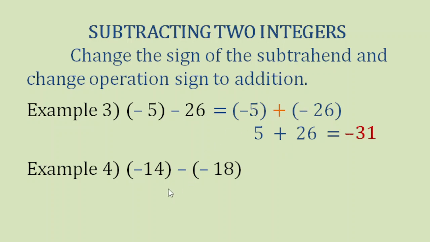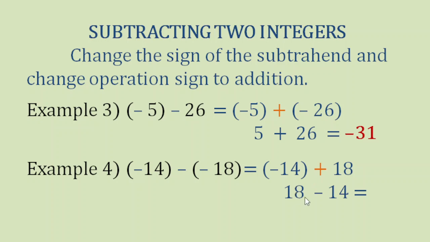Example number 4. Negative 14 minus negative 18. So again, change the sign of the subtrahend. It will look like this. Negative 14 plus 18. Then they have unlike signs. So we will treat these two numbers as positive numbers and then subtract.